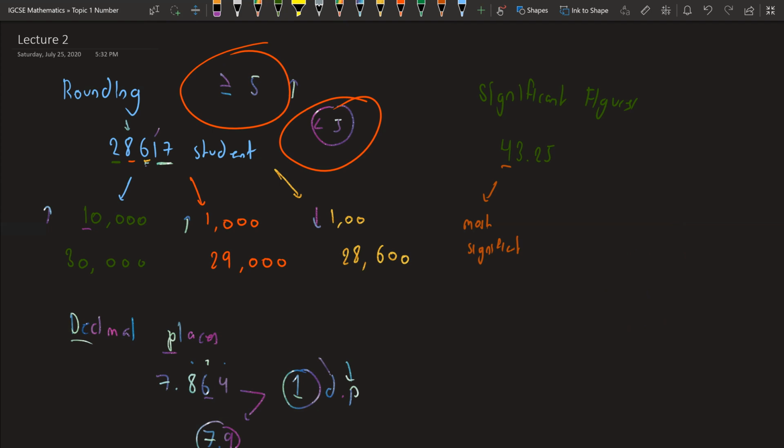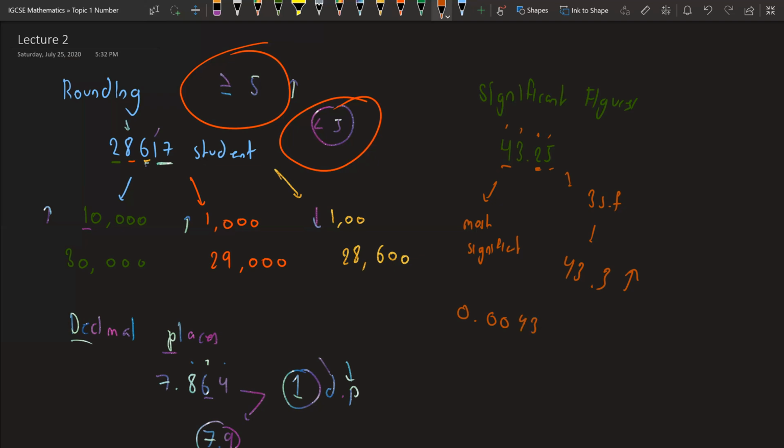Now, if I want to round this to the third significant figure, it would be 43.3. It goes most significant, second, third, and the least. To the third significant figure, we look at the number, it's 5, so we round up. 0.0043 is another example.